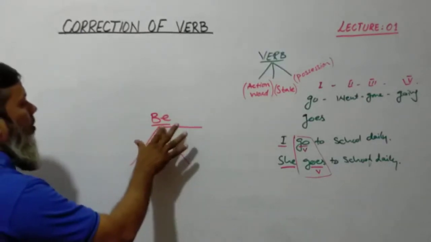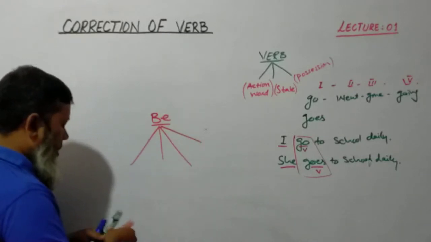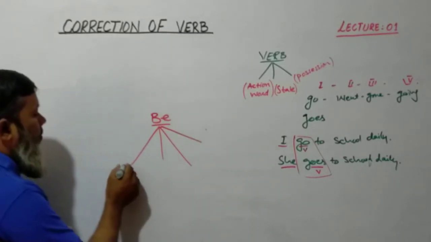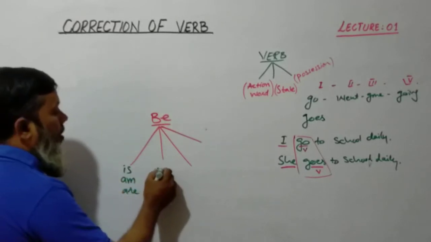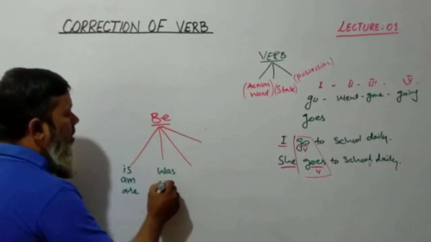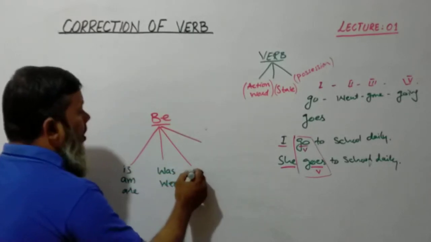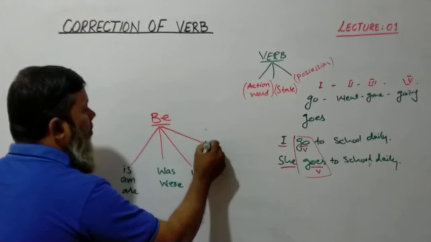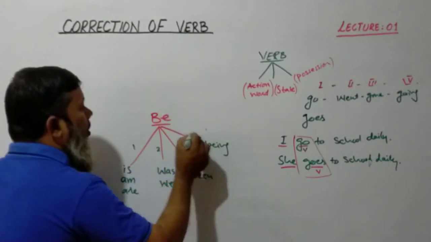They are the forms of be. Okay? So look here, every verb has four forms. If I say be, the first form of be is am, is or are. The second form of be is was and were. The third form of be is been, and the fourth form of be is being. So these are only the 1, 2, 3, 4 forms.